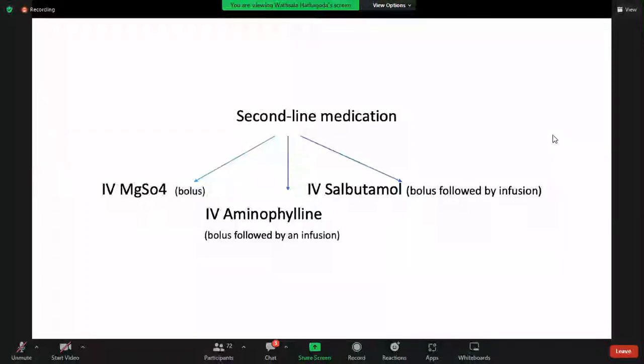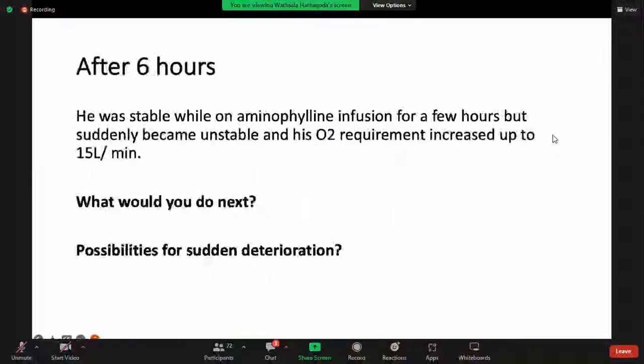Yes, salbutamol will shift extracellular potassium to intracellular. So it will shift potassium from plasma to the cells, causing hypokalemia. So all the medications have their own side effects.